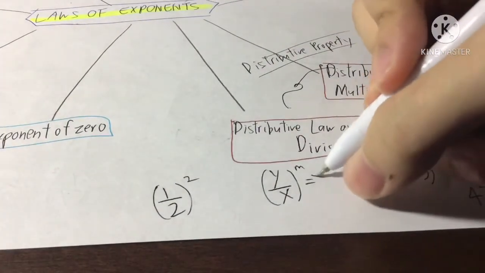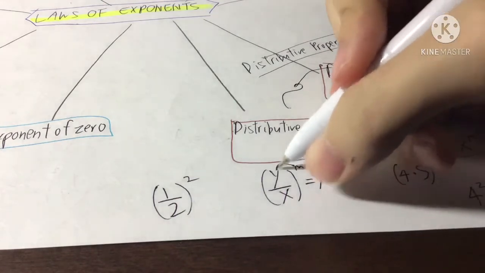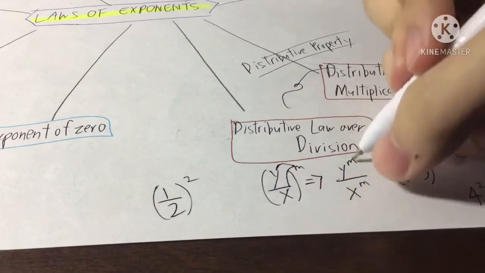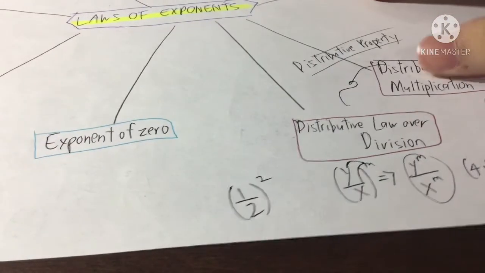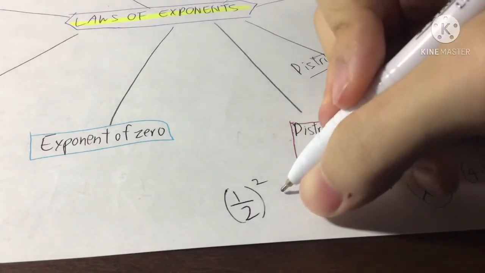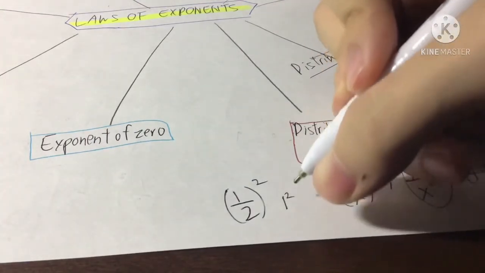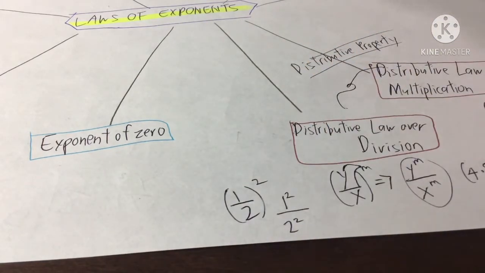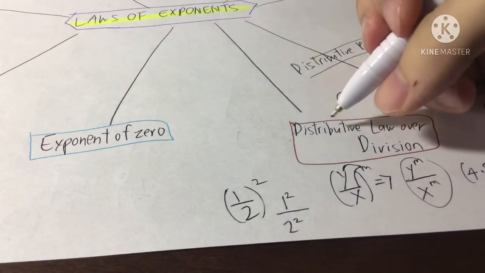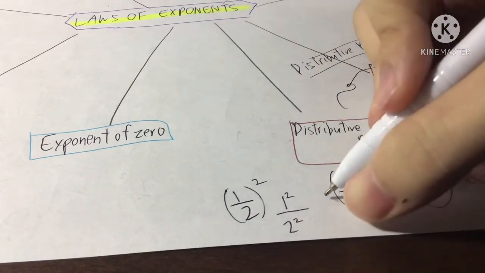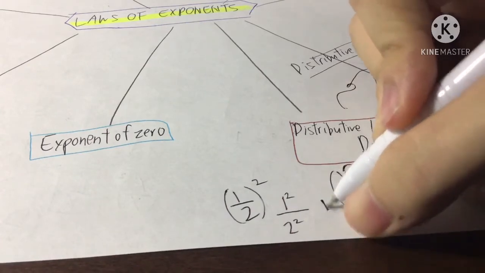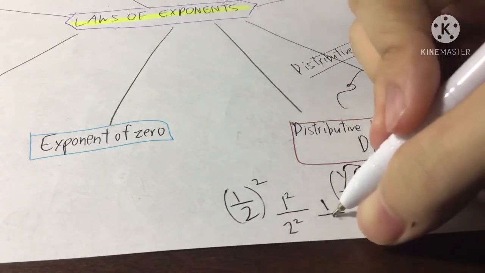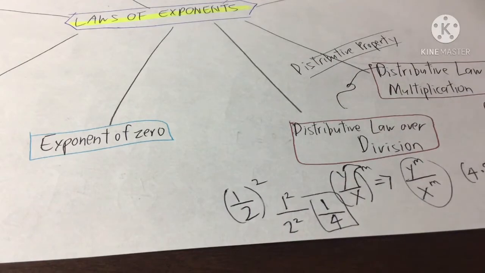In this formula, we'll distribute the exponent, so we'll get y raised to m over x raised to m. That's our final answer. Now, in this example, our numerator is 1 raised to 2 over 2 raised to 2. After following this exponential law, we'll finalize our answer. So 1 times 1 is equal to 1, over 2 times 2 is equal to 4. And that is our final answer.